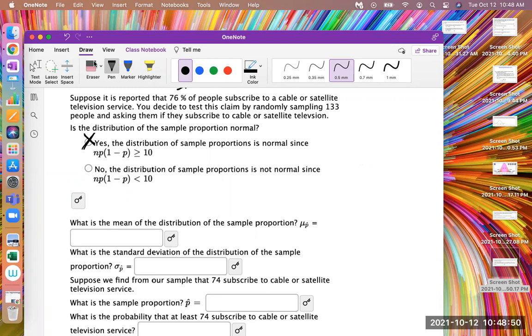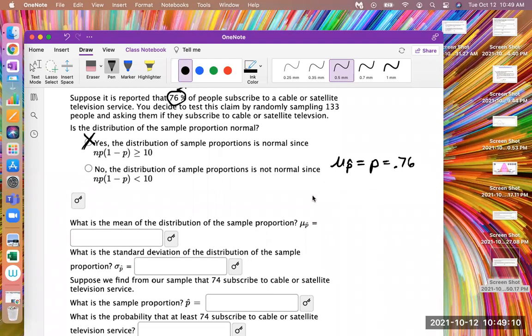For the mean of the p hats, we're not talking about the mean of the x bars anymore. The mean of the p hats is equal to the population proportion, which in this case is 0.76.